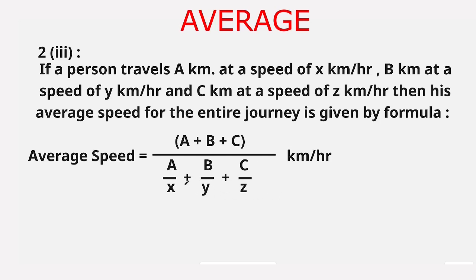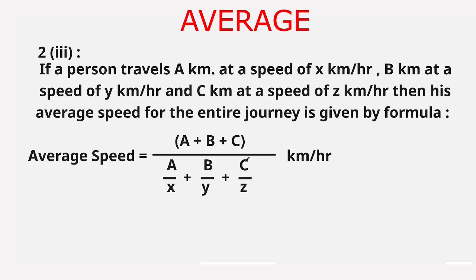What is a upon x? It is the time taken for distance a. What is b upon y? It is the time taken for distance b at speed y kilometers per hour. And what is c upon z?